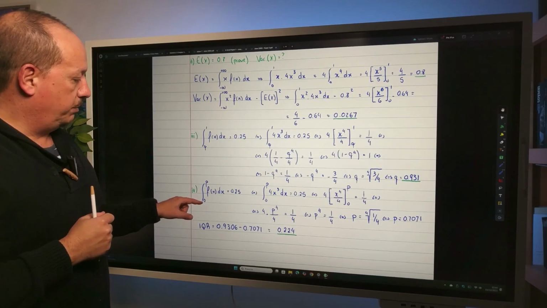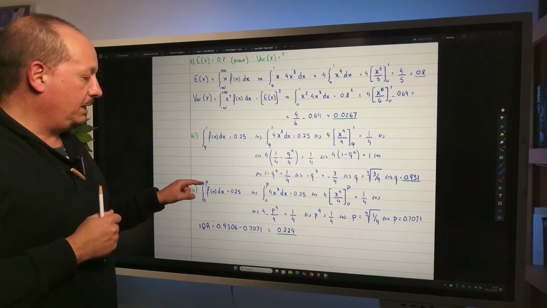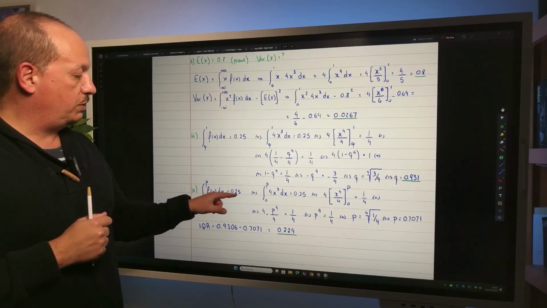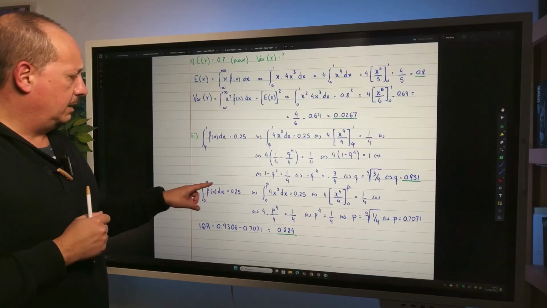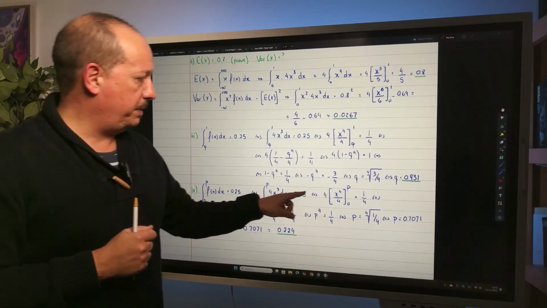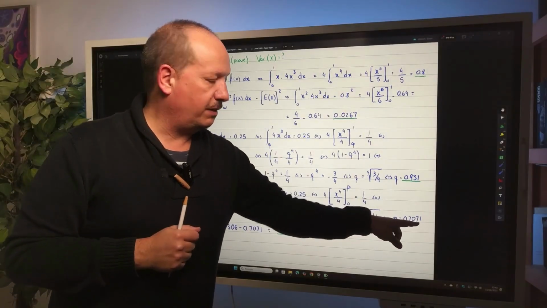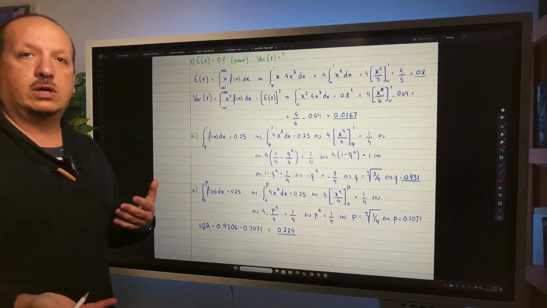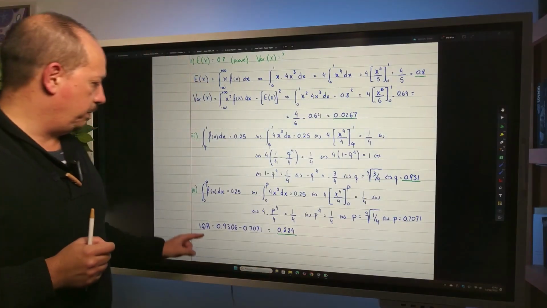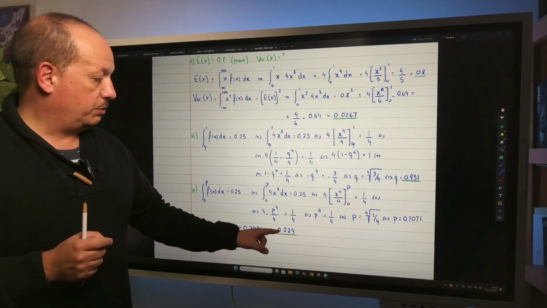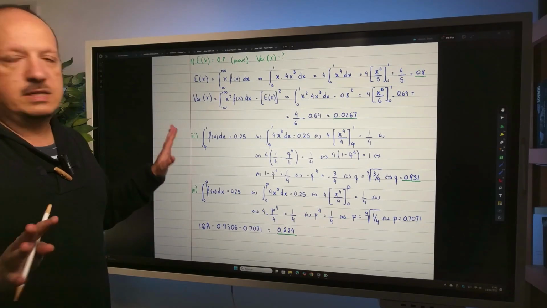So it is the integral between 0, the lower possible value for x, and p, for which the function equals 0.25. All right? Again, calculate this for p, and you have the value of p as 0.7071. Then the interquartile range, as you already know for a long time, is just going to be q minus p, and that's going to correspond to 0.224. Okay? These questions are always the same.